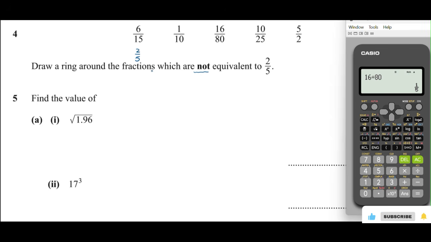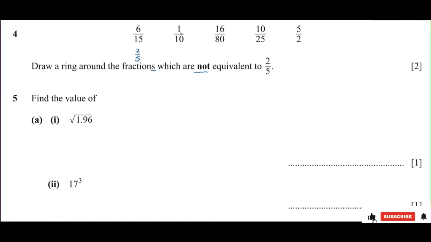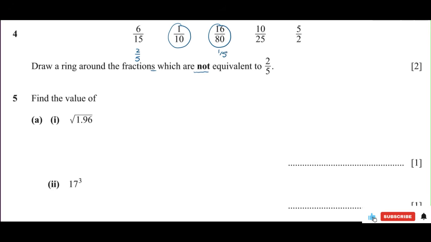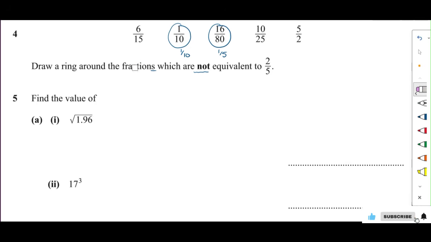Draw a ring around the fractions means there is more than one fraction. So this is not equivalent. Okay, let me check the others. This is 1 by 5. This is 1 by 10. And let me erase this one because this one is already equivalent, right?